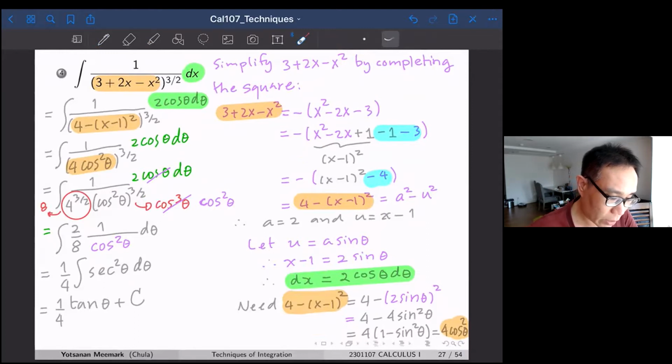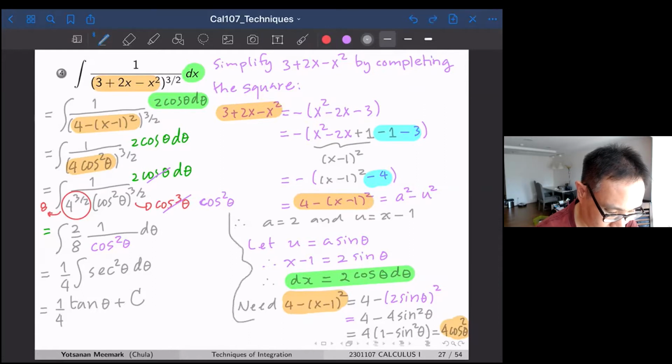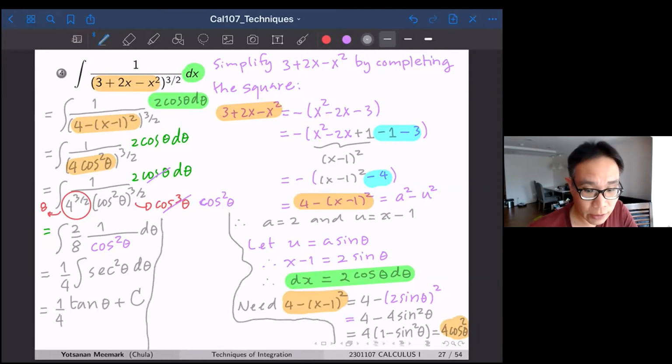So for sine theta, I'm gonna have to divide this space. Let me try to find some space to work with. Okay, so here you need the final answer in terms of x.